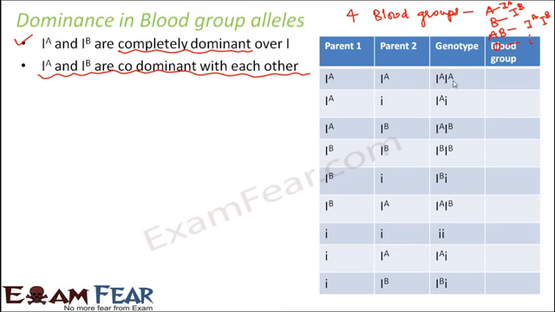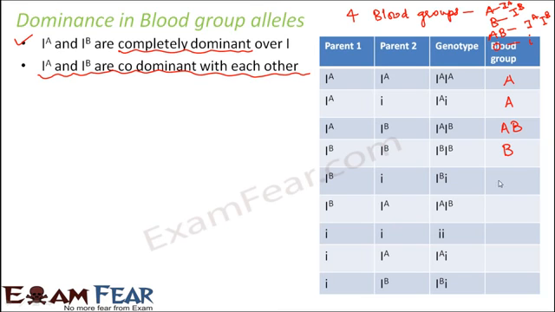So if the genotype is IAIA, so homozygous, both have IA, the blood group will be A. If it is IAi, as I said, IA is completely dominant over i, so it is again going to be blood group A. If it is IAIB, they are codominant, so both will get expressed. Both will equally dominate, so it is going to be AB.